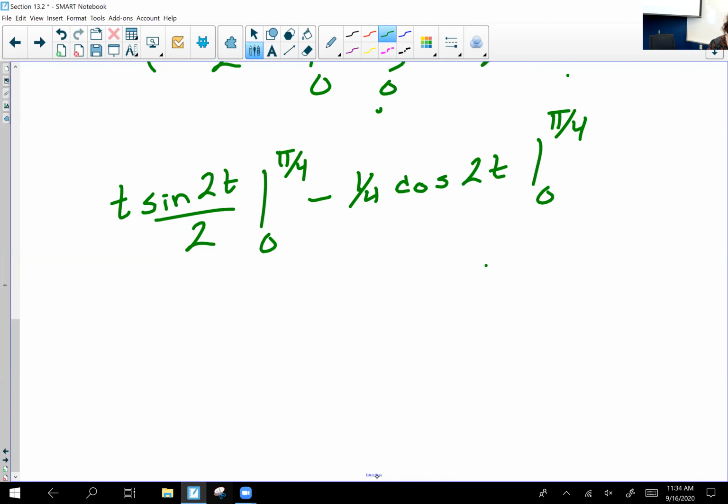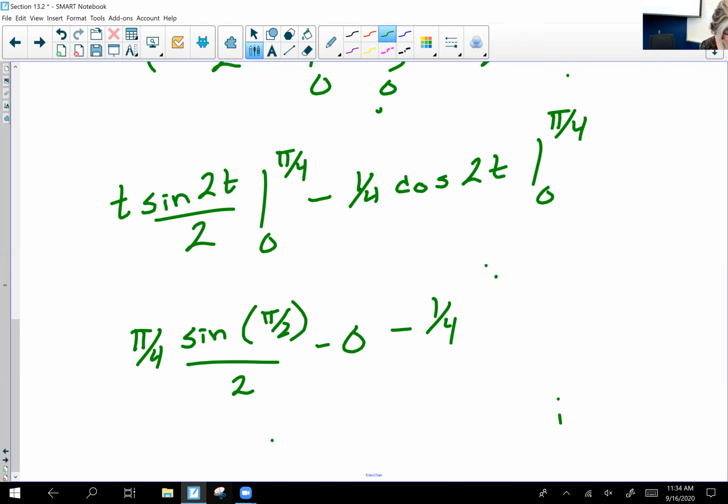All right, so when we plug this in, we get pi over 4 sine of pi over 2 over 2 minus a 0, minus 1/4 times cosine of pi over 2 minus cosine of 0.